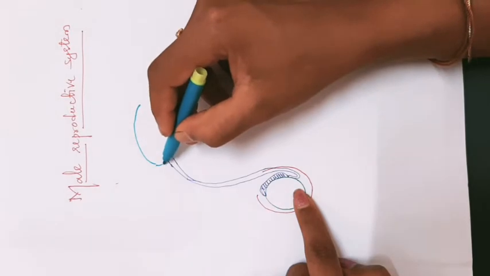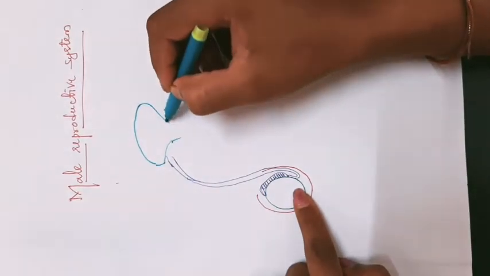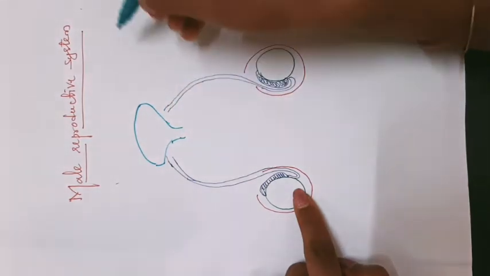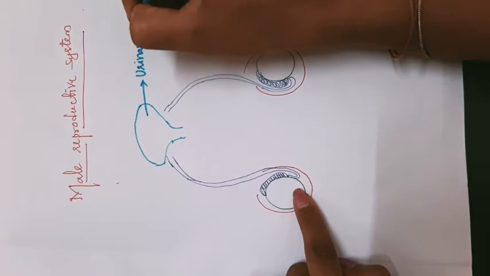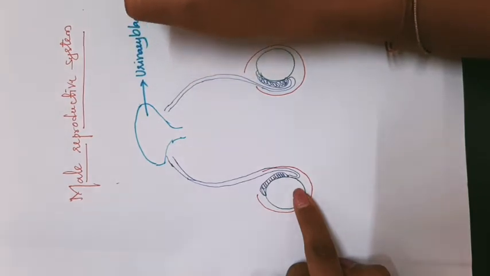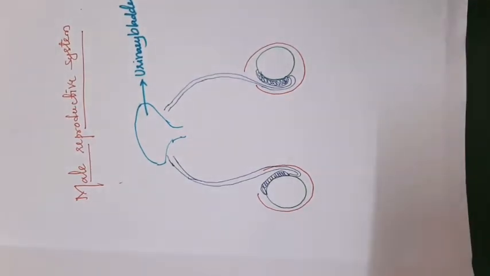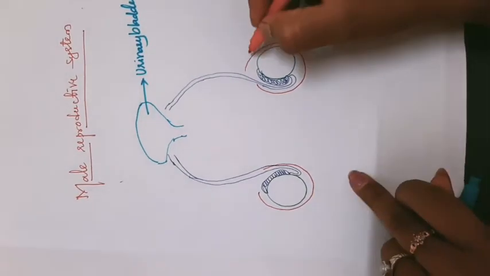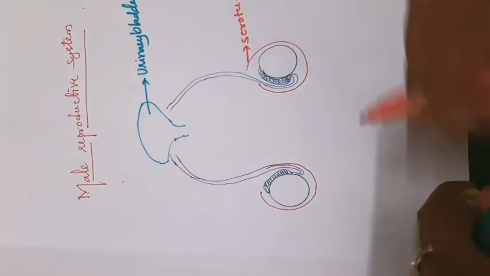This is the structure of the urinary bladder. Let me label all the parts. A sac-like structure is called the scrotum.